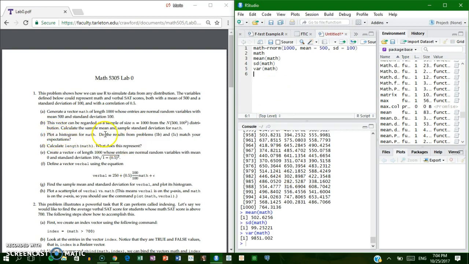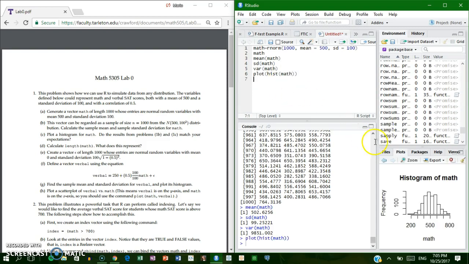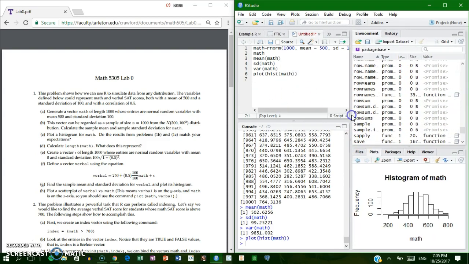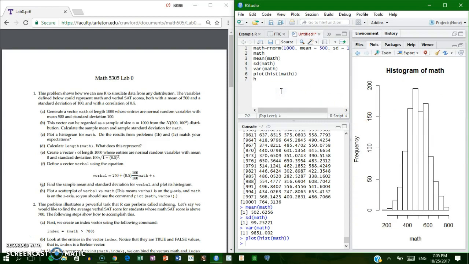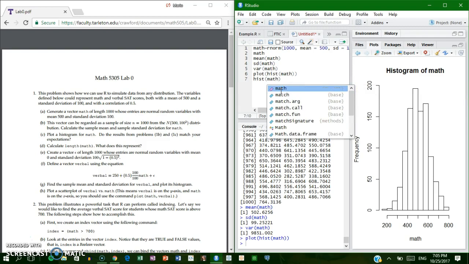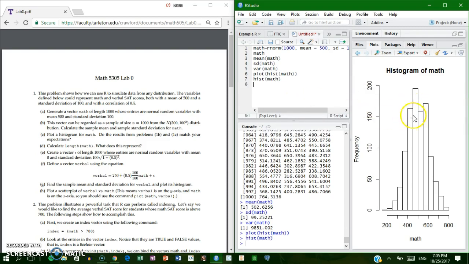Now, in part C, it says to plot a histogram. Do the results from parts 1B and 1C match your expectation? So let's plot a histogram. We can type plot hist math and press Control Enter, and you'll get this. But you can also just type hist math, Control Enter, and you get the same thing.